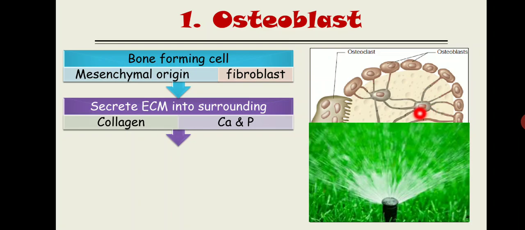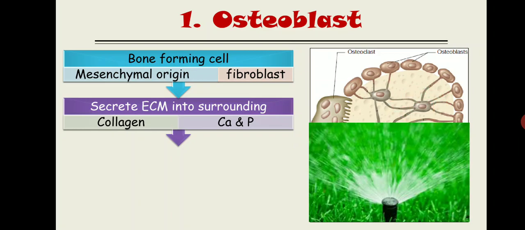So once upon a time, this osteocyte was basically an osteoblast, and it secreted the extracellular matrix, this yellowish portion that surrounds it. Got it? So the osteoblast, after secreting the extracellular matrix in the surrounding, becomes entrapped inside that secretion and becomes an osteocyte.